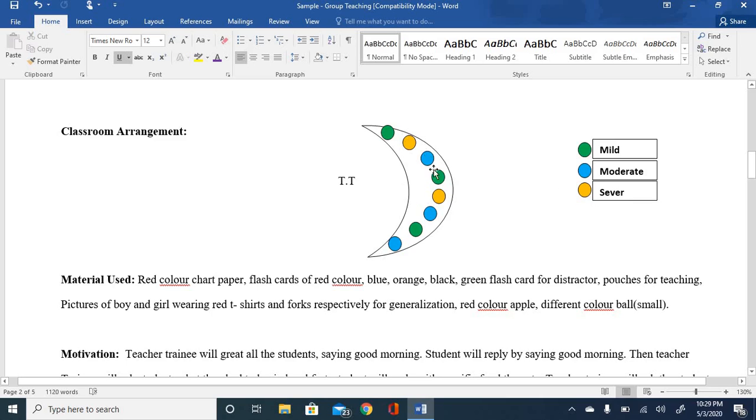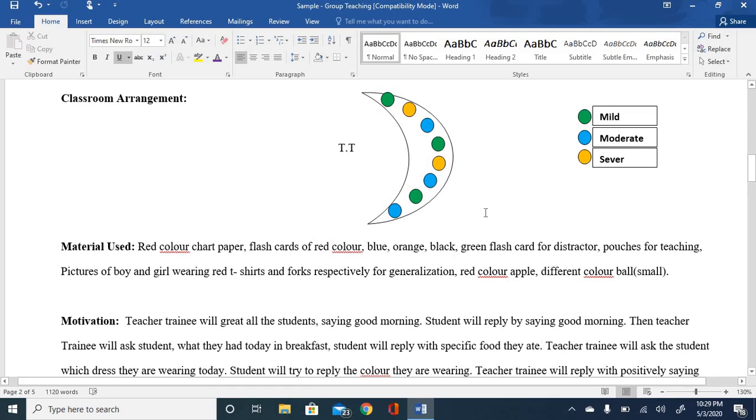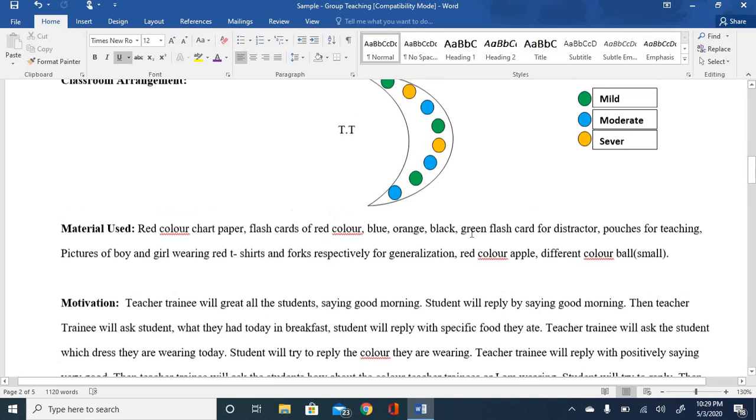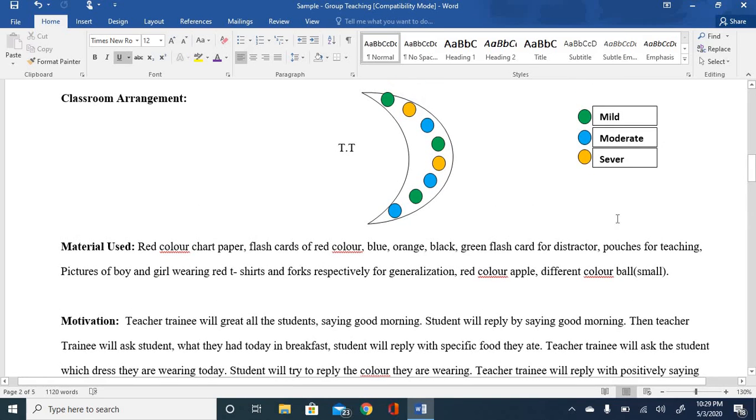That means you have to arrange in such a way where mild is supporting severe, moderate is supporting severe, then again vice versa. So in that way you need to arrange the classroom so that they get benefit from themselves. So in that way you are going to create the classroom arrangement so that it is very easy to handle yourself as well. So this is how you're going to do the classroom arrangement.